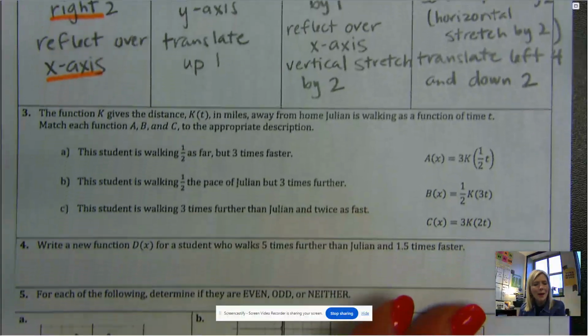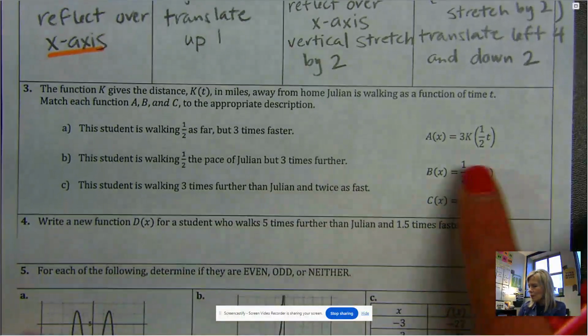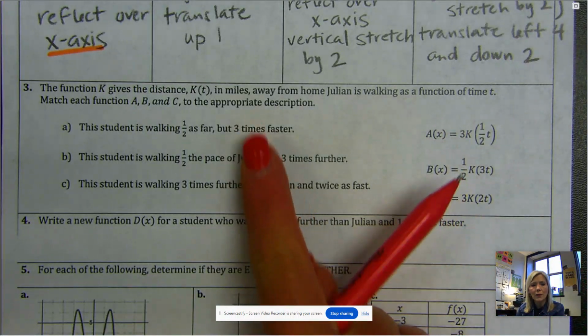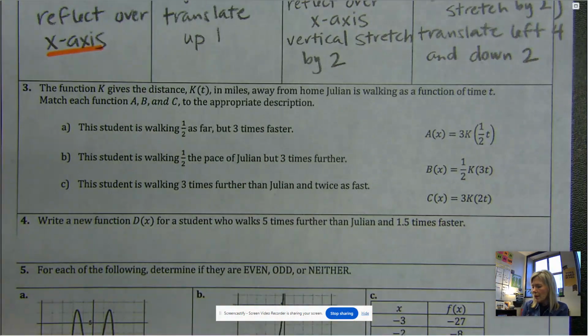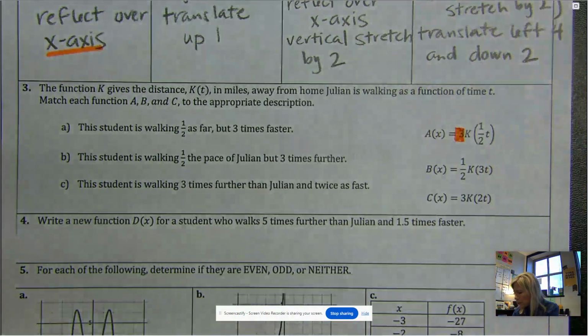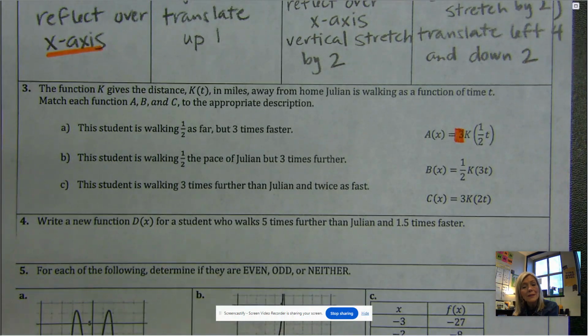Number 3 is a matching exercise. I'm going to focus on the equations and then bring them back to what's happening. So we spent some time looking at scaling the inputs versus scaling the outputs. And so when we scale this output by 3, that means that the distance is 3 times as far.